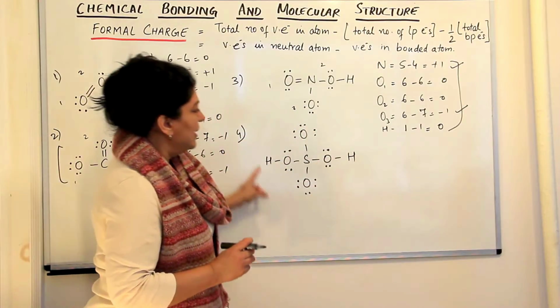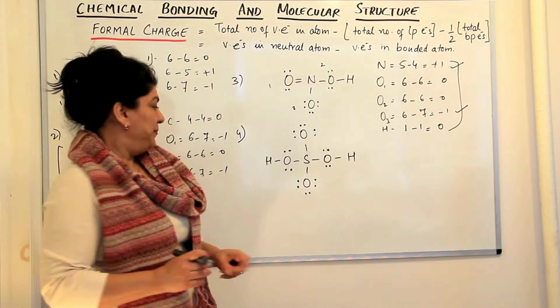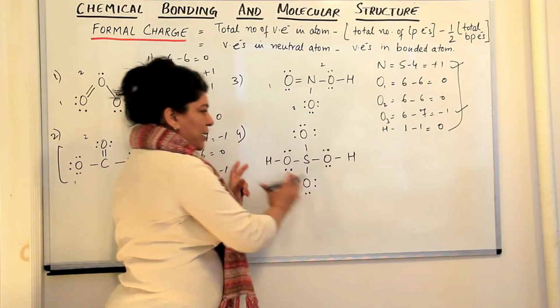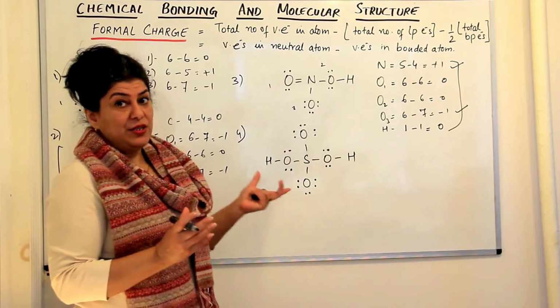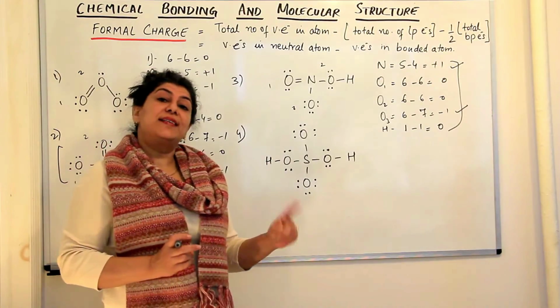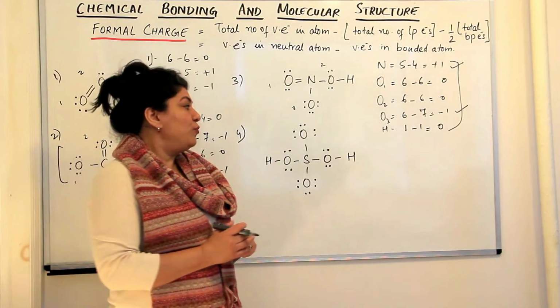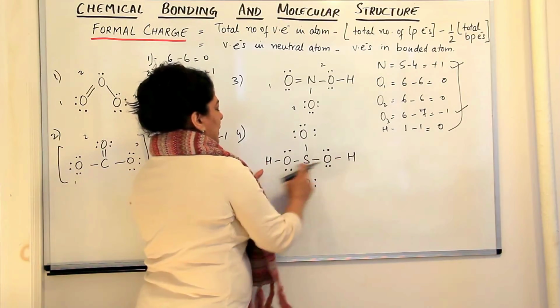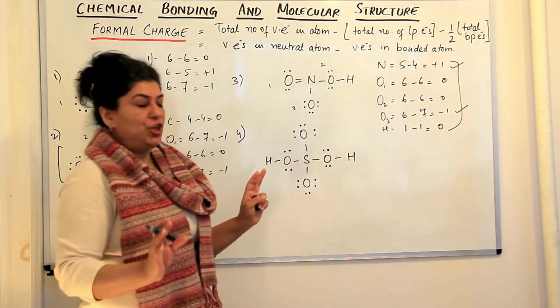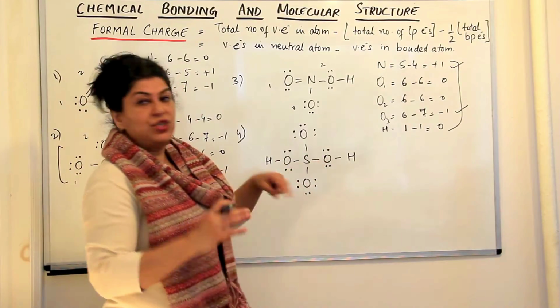Let us now come to the last structure, sulfuric acid. I've made this structure, and let's see if the formal charges are right for sulfuric acid. We know sulfuric acid is a neutral molecule, right? So what should be the formal charges? Let's look at the hydrogens. We see a 0 charge here because they have 1 electron and they are terminally bound.